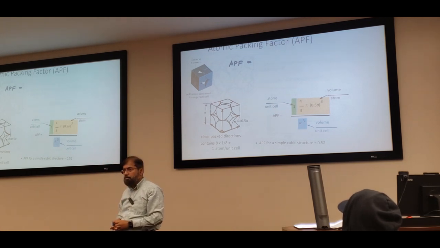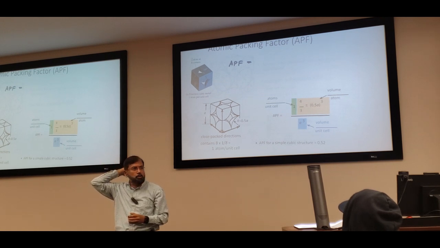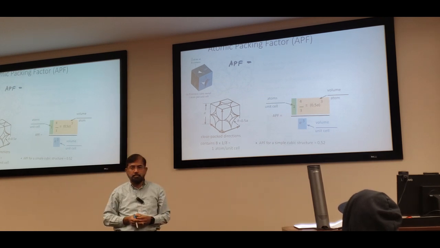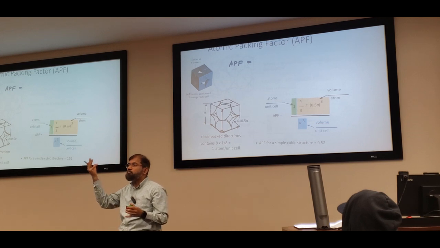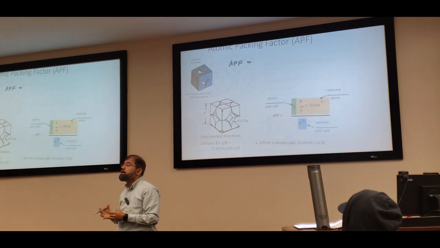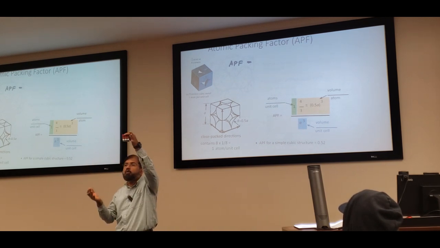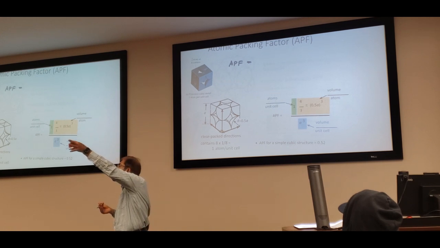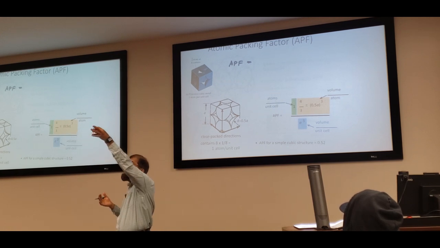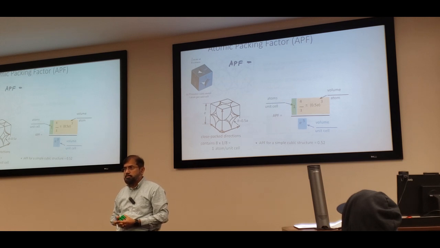We have seen in the previous one, simple cube, it is inefficient because atomic packing factor in that case is only 0.52, which means that only half of the volume of this unit cell is occupied by the atoms.